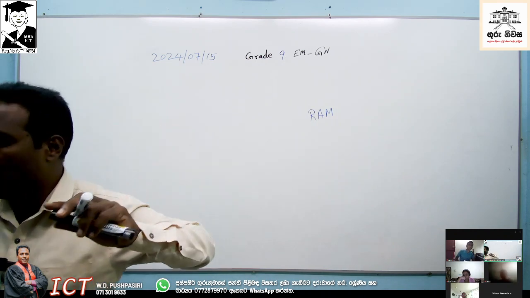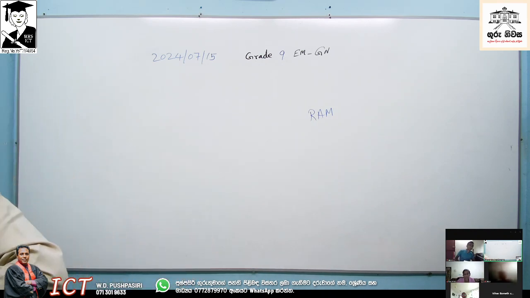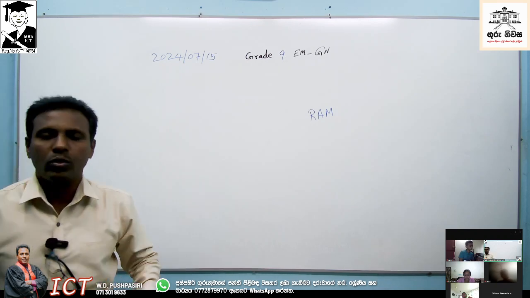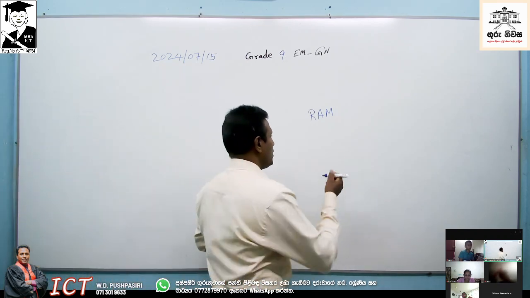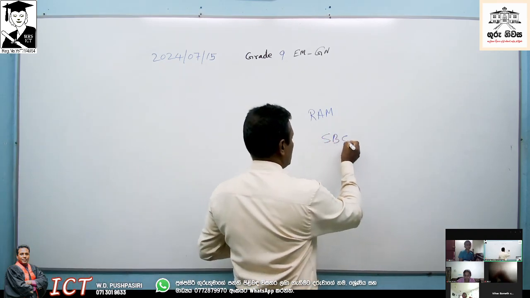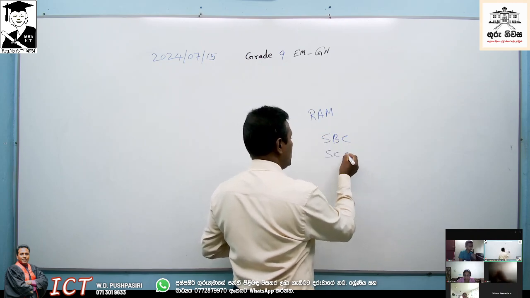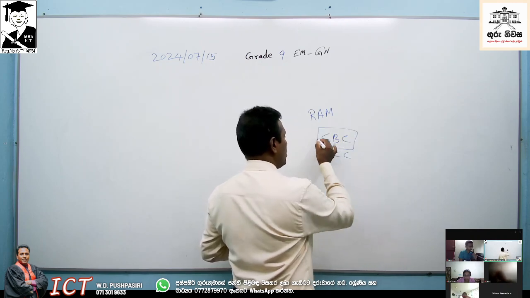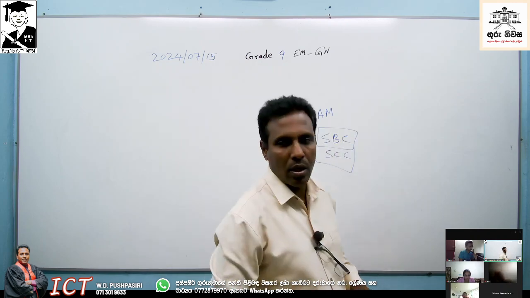A microcontroller has these 4 parts, and because of those 4 parts, by using a microcontroller we can do a lot of work. There are 2 types of boards.